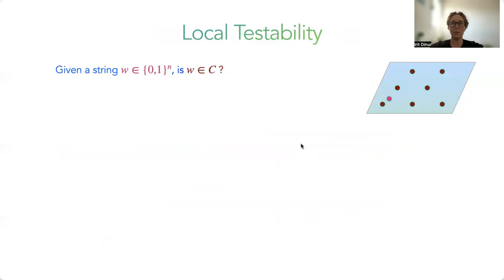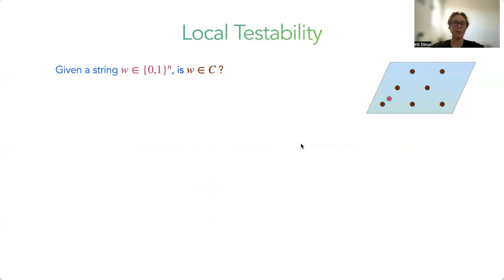So let's talk a little bit about local testability. Rate and distance have been studied for decades and decades. They are really like the central objects in any error-correcting code. Local testability is a much newer kind of phenomenon. You can date it back to the beginning of the PCP, so maybe 30 years or so.